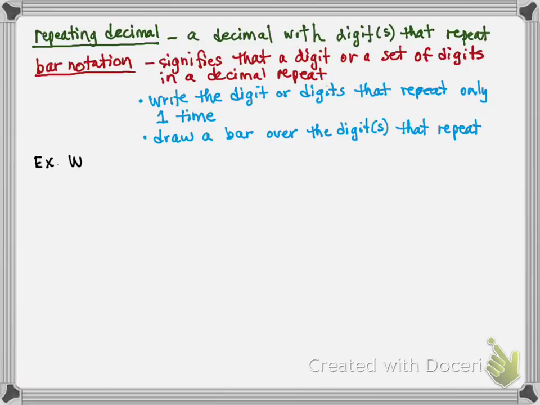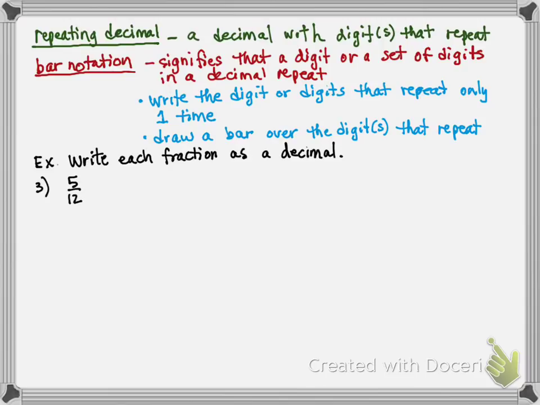So we're going to write each fraction as a decimal. So notice it doesn't give you an indication whether you're going to get a terminating decimal or a repeating decimal, and the process doesn't change. It's just how you present the answer may have to change. So we've got just two examples to do.